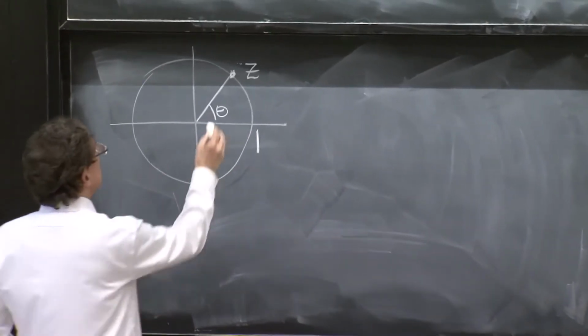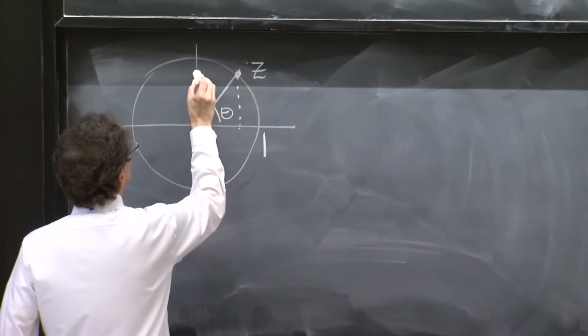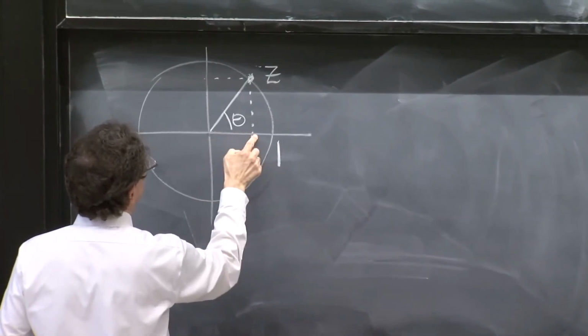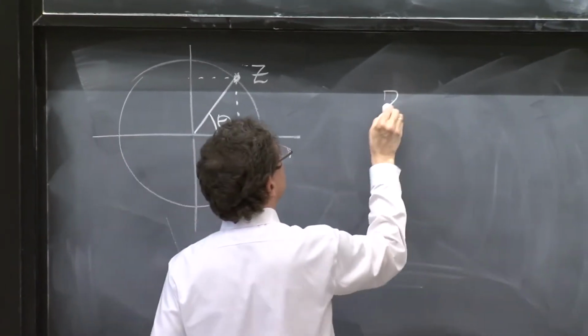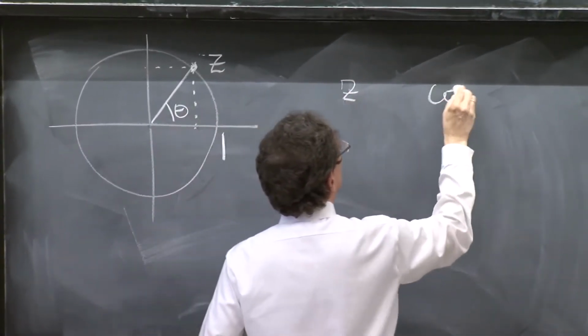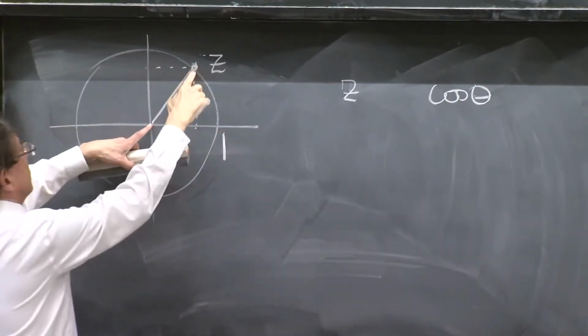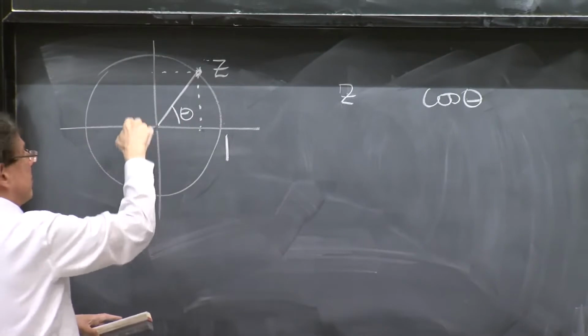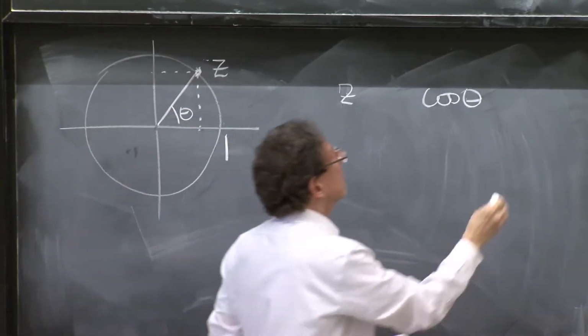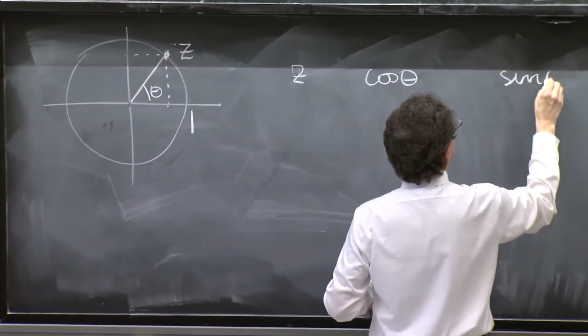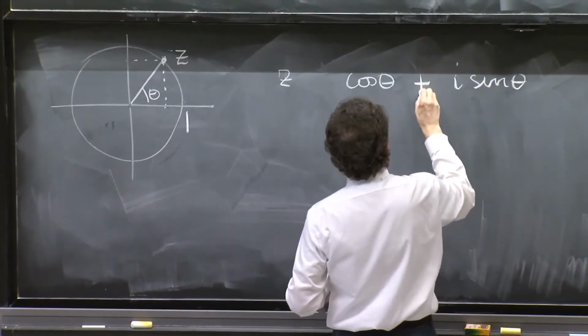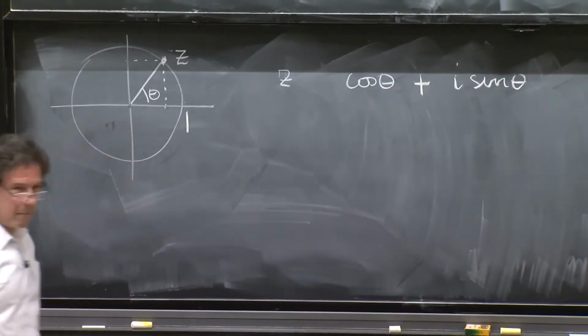I would know that its real part would be cosine theta, and its imaginary part would be sine theta. It's a circle of radius 1. So that must be the complex number.